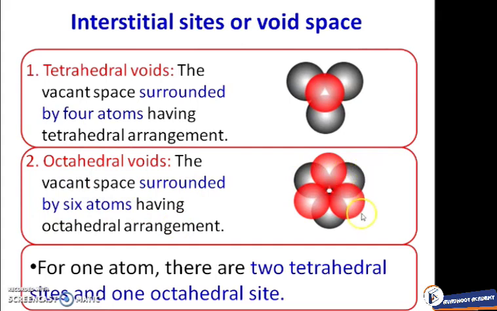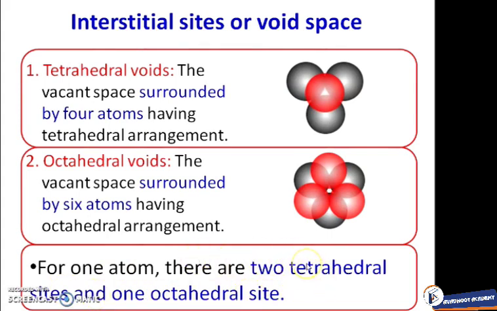Again, in this diagram you can see at the bottom there are 3 spheres, and above that again there are 3 spheres, and the empty space surrounded by these 6 spheres is the octahedral void. Now the most important thing is, for a given atom or sphere there are 2 tetrahedral sites and 1 octahedral site.